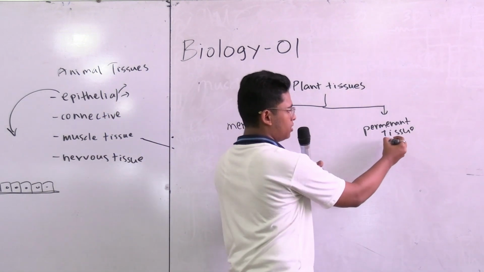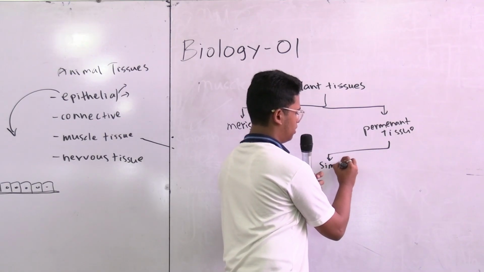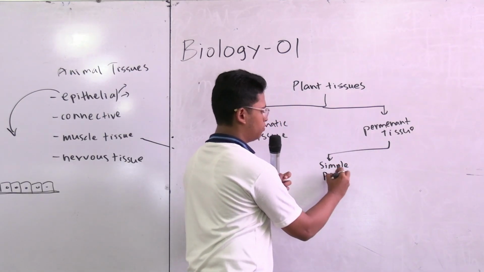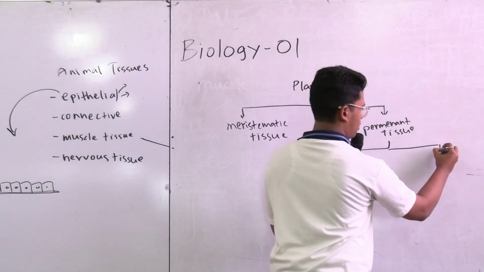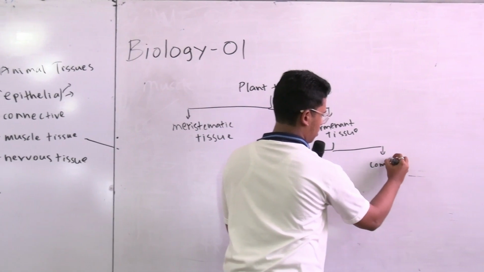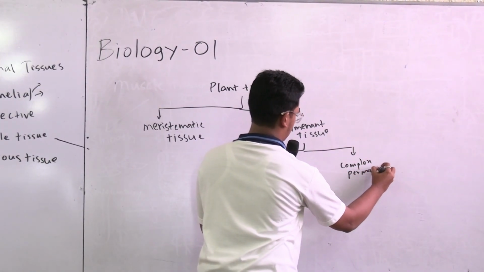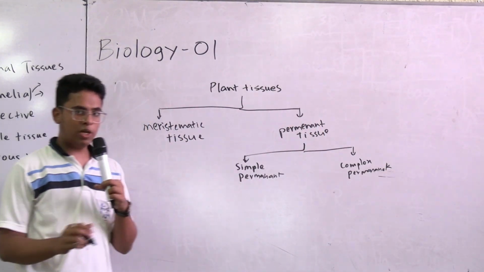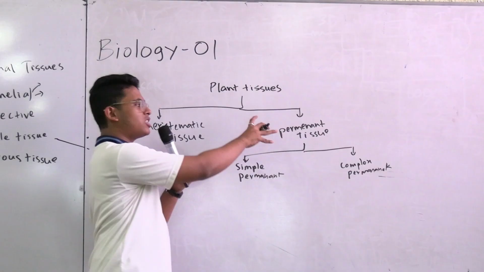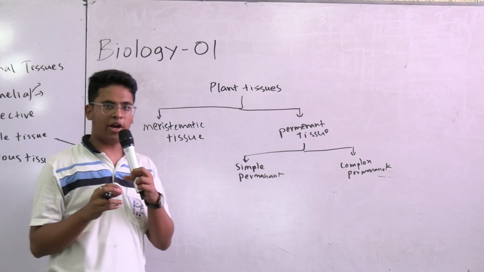So permanent tissues you can again divide into simple permanent tissue and complex permanent tissue. Permanent tissues are the tissues that will remain permanently in the plant body.